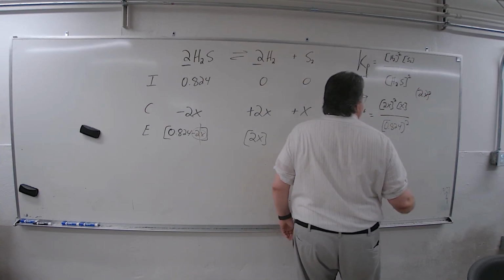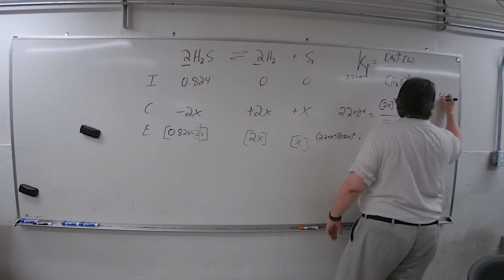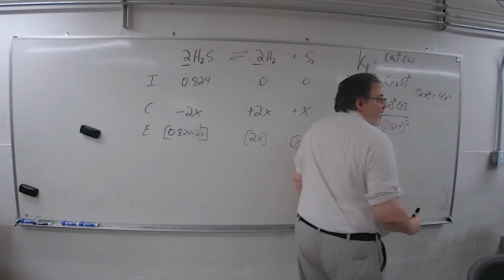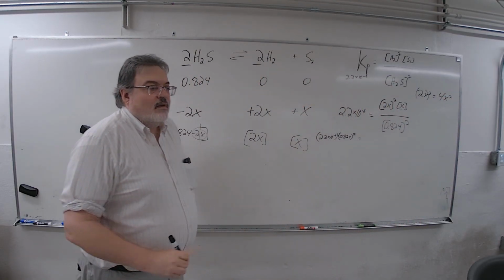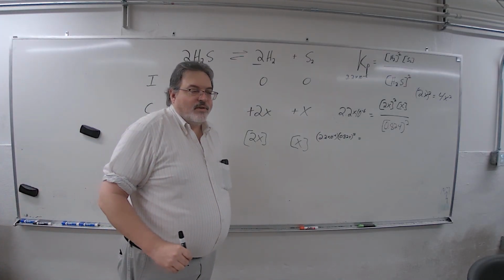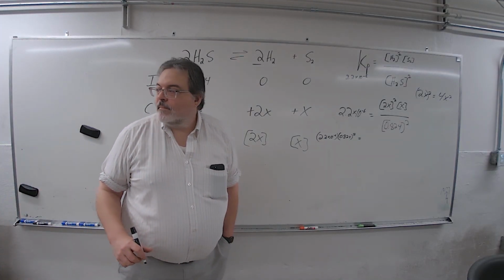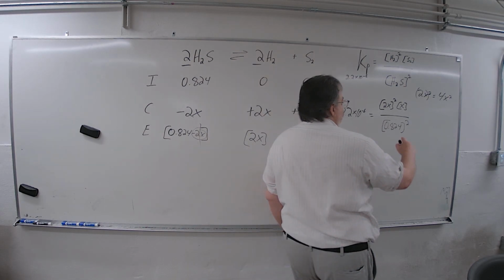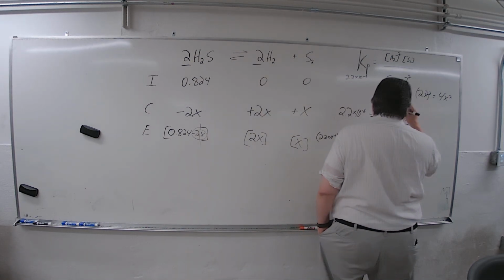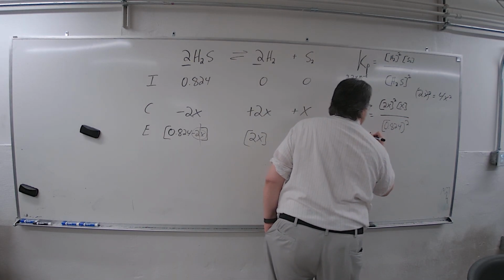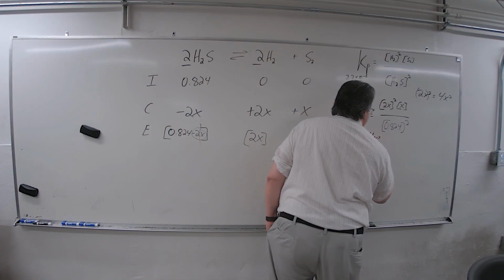2x squared is 4x squared. You follow that? You have to square everything inside the parentheses there. You see that? And then I still have to multiply it by one more x. So the numerator here ends up being 4x to the third.